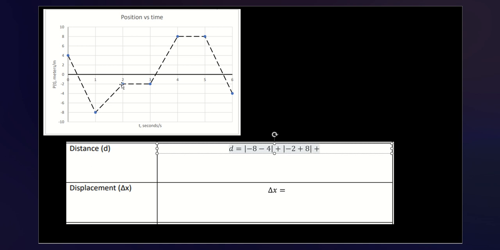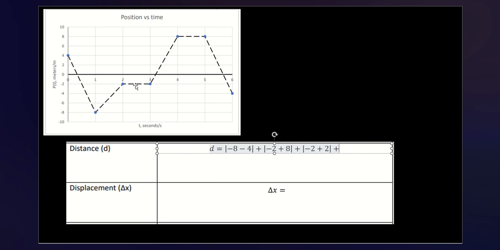Now we're going to add to that the next chunk, which goes from time 2 to 3 seconds. This one starts at the y position of -2 and ends at the y position of -2. Therefore, in absolute value signs, -2 minus -2 is actually just -2 plus 2.